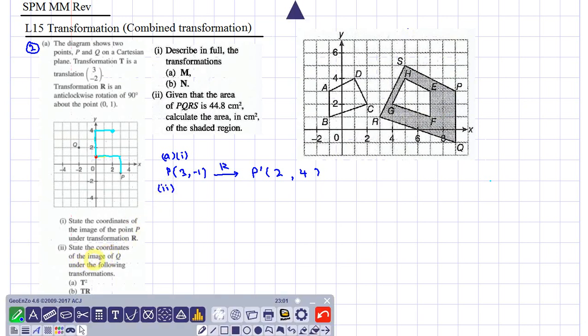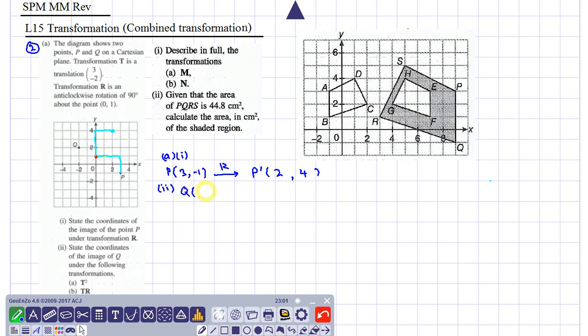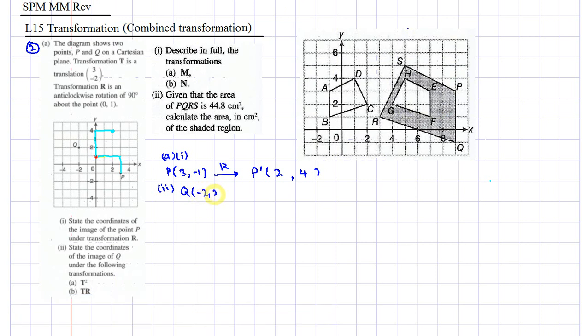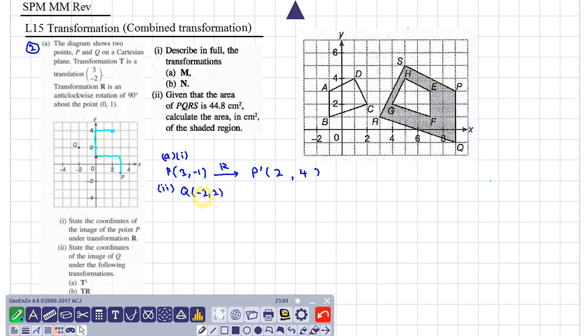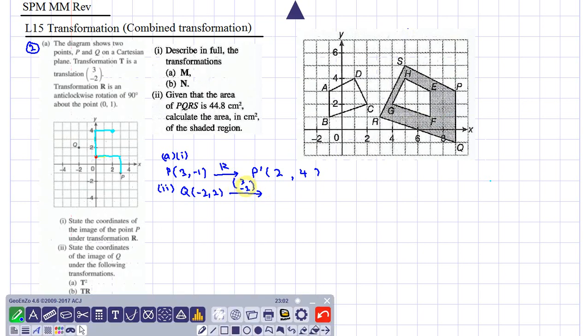State the coordinate of the image of Q. Now it's Q. Okay, so write down the coordinate first. -2, 2. Remember, when we want to write the coordinate for a point, we need to write the x coordinate first, followed by the y coordinate. Okay, T squared means that translation 2 times. Okay, translation, where is it? 3, -2, right? You can write T also right over here.